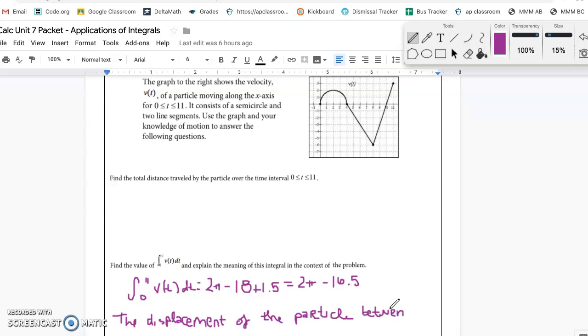I spelled that wrong. Another E in there. So between t equals 0 and t equals 11 is negative 16.5 units.